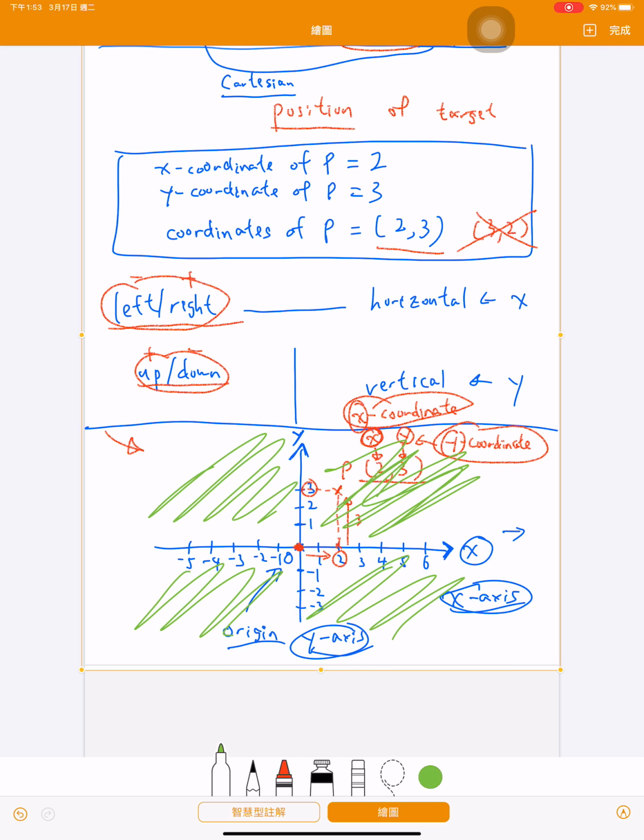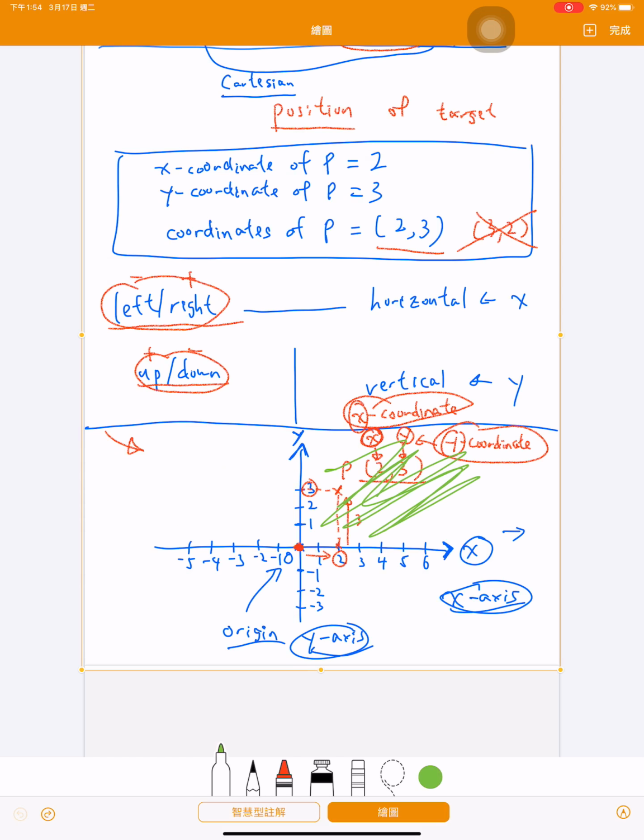We can see there are four regions there. So in fact, the 4 regions have a name. You can see on your book, page 8, the top right hand corner is quadrant 1. The top left hand corner is quadrant 2. And then this one 3, and then the last one 4.